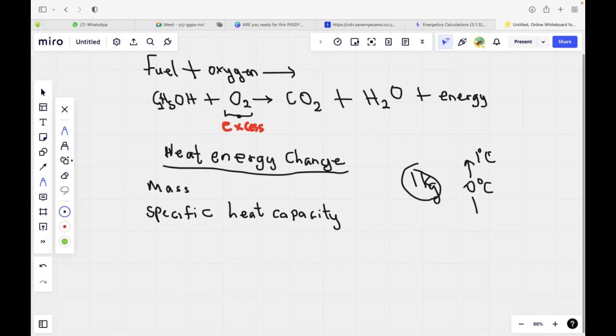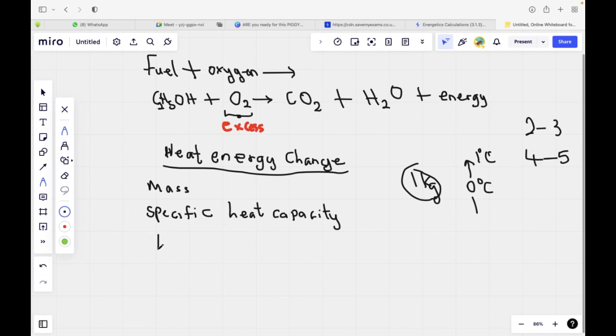The amount of energy that you need to raise the temperature from 0 to 1 degree, or from 2 to 3, but there must be a rise of 1 degree Celsius. If it was already at 4 degrees, it will raise it to 5 degrees. That heat energy that can do that for you is called the specific heat capacity.